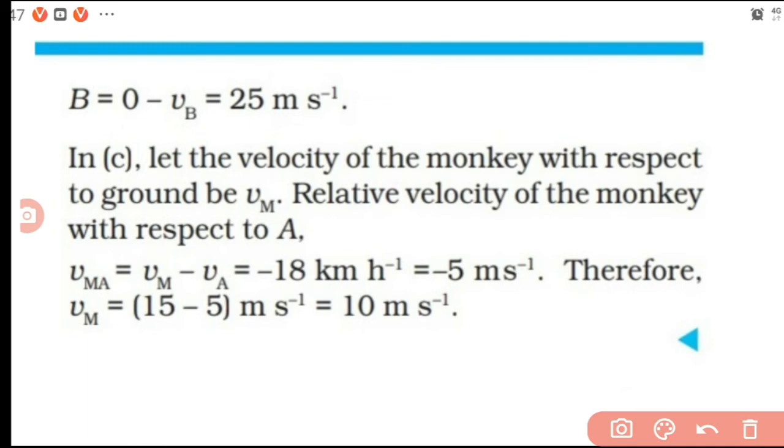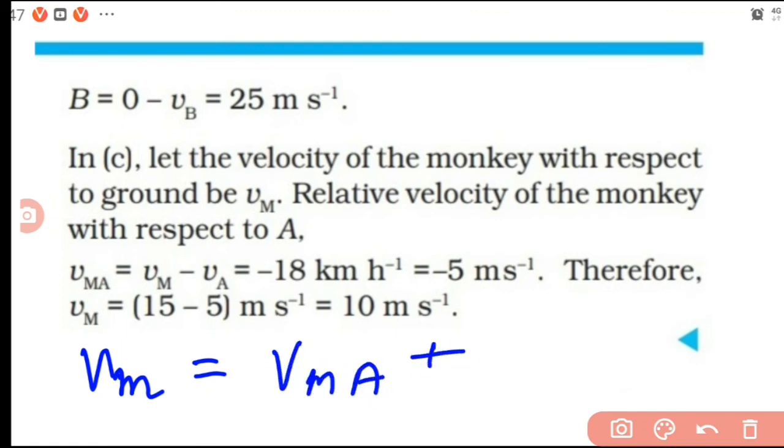So just substituting, VmA is equal to Vm minus Va, so Vm will be equal to VmA plus Va. VmA is minus 18 km per hour, that means minus 5, plus Va, which is 15.